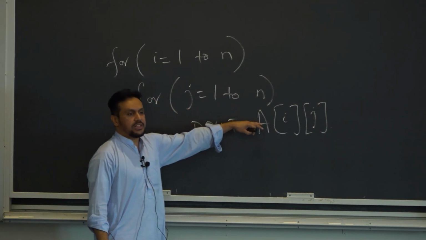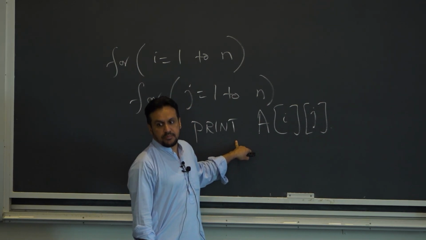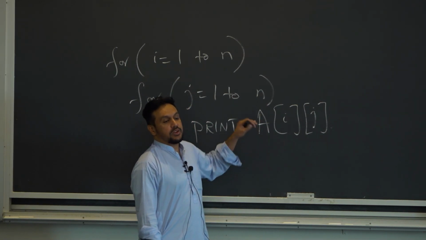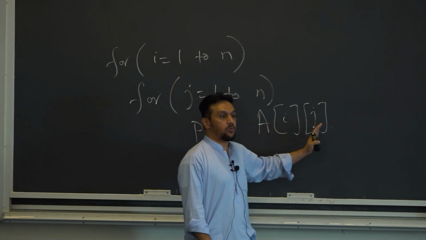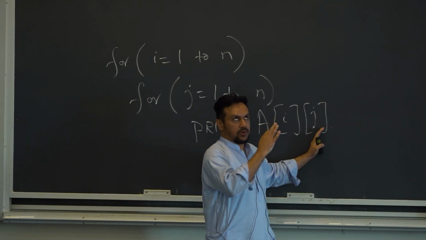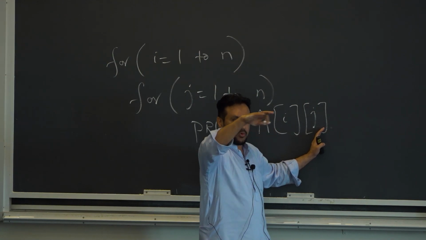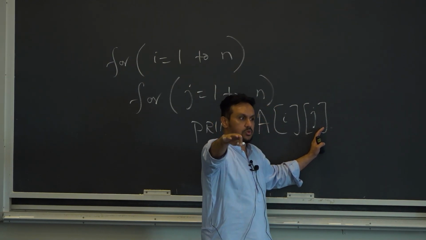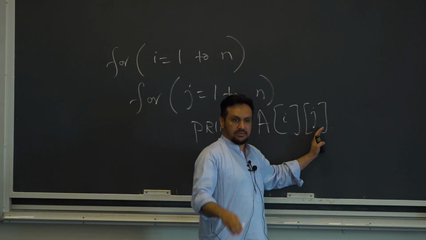In what order will the 2D array A be printed? First row, second row. It will first print A11, then A12, then A13. So this is called the row measure traversal of the array. Finish row 1, then row 2, then start row 3, from left to right, right?